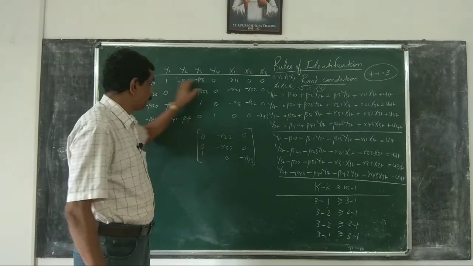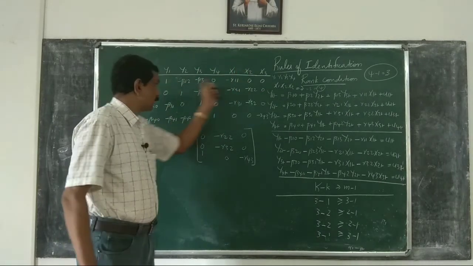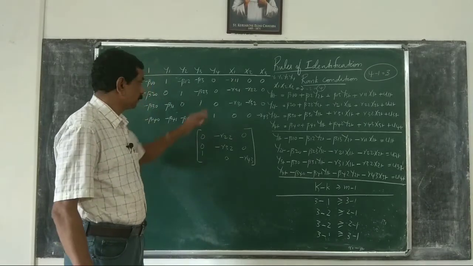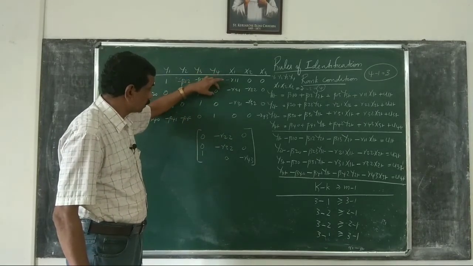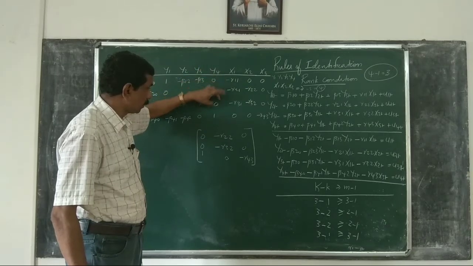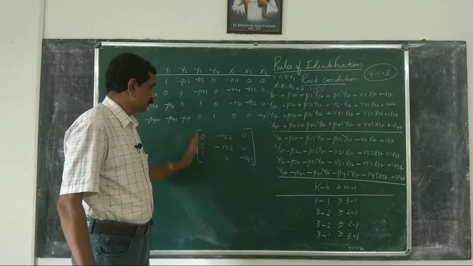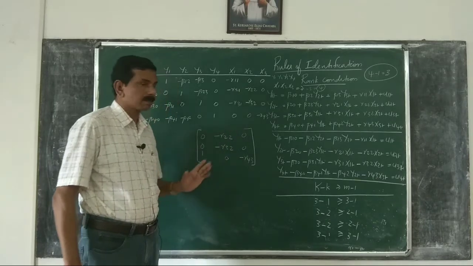So to identify the first equation, you strike out the first equation, then pick up the columns with the zeros corresponding to that equation and formulate a matrix.